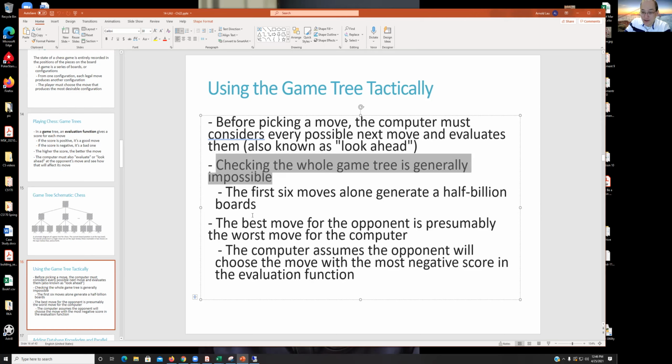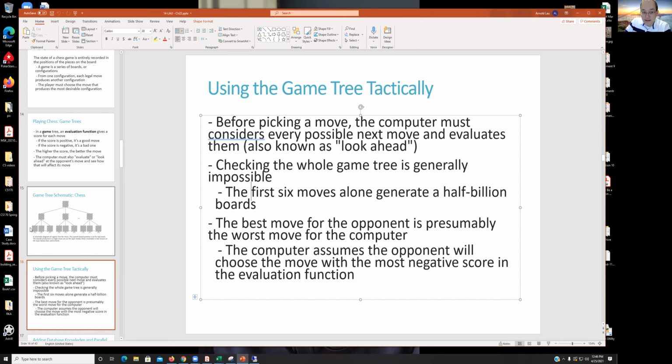You can just crunch through it at this point. But you can see when I talk about exponential growth, if you go through the first 6 moves, you get to 500 million boards, okay?